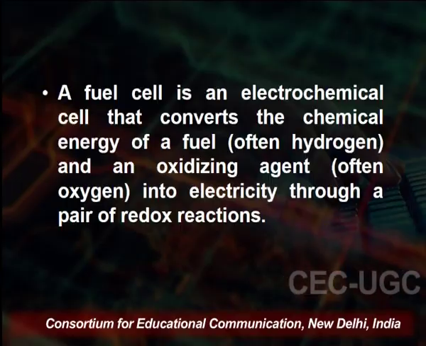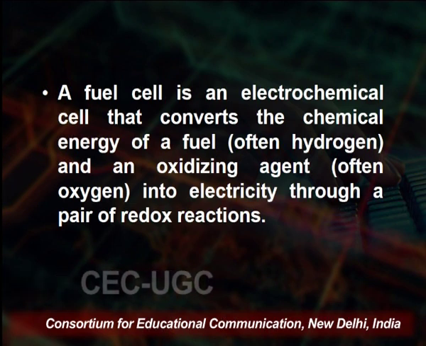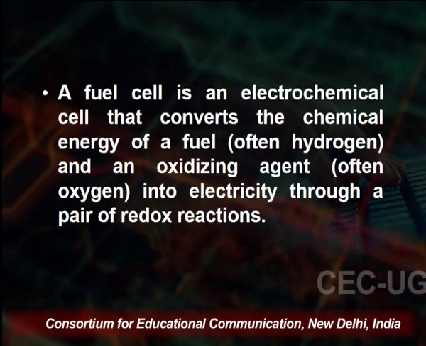Similarly here, the fuel is converted into electrical energy through the redox reaction. So a fuel cell is an electrochemical cell that converts the chemical energy of a fuel, hydrogen, or an oxidizing agent, into electricity through a pair of redox reactions.